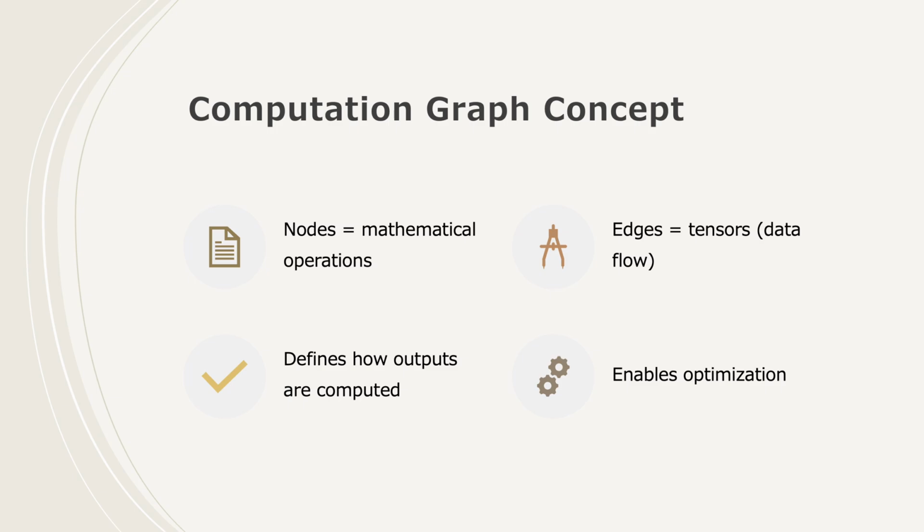This structure defines how outputs are computed from inputs, step by step. By organizing computation in this way, TensorFlow can optimize execution and improve efficiency, including parallel processing when possible. So, the key idea is simple. Nodes perform operations, edges carry data, and together they define the full computation process.